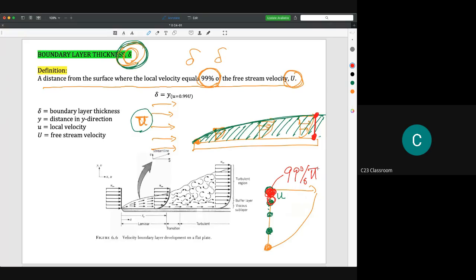Another thing that you should know is, because it is a thickness, it can be measured manually. Experimentally, we can measure the boundary layer thickness. So the unit of this is meter. Boundary layer thickness is a real parameter.